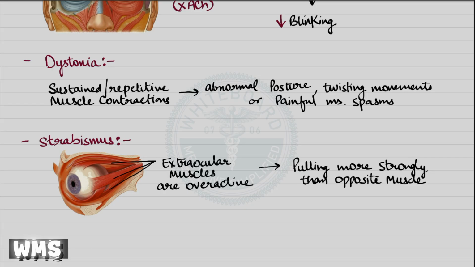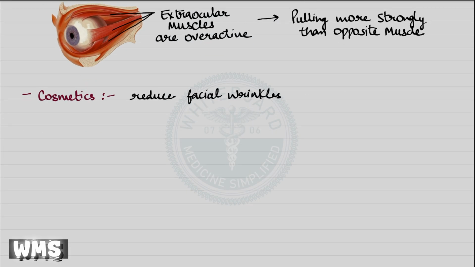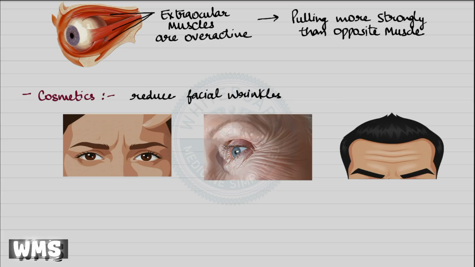Botulinum toxin, when injected into the overactive extraocular muscle, that muscle becomes temporarily weakened or relaxed. In cosmetics, Botox is mainly used to reduce facial wrinkles, especially dynamic wrinkles, the ones that appear when you move your face, such as frown lines, crow's feet, and forehead lines.